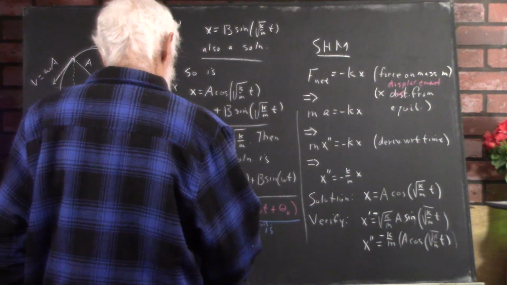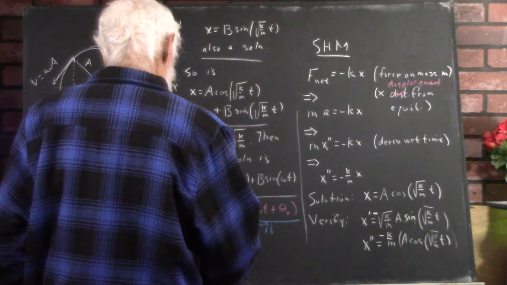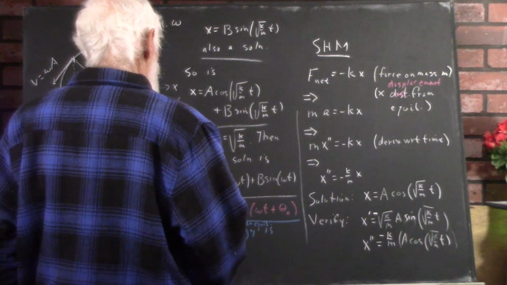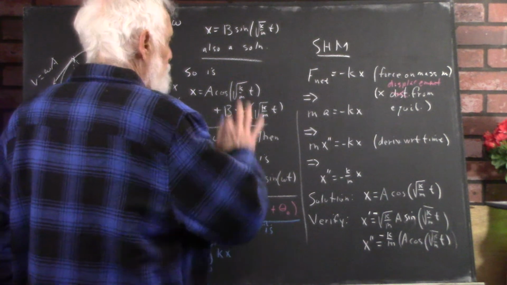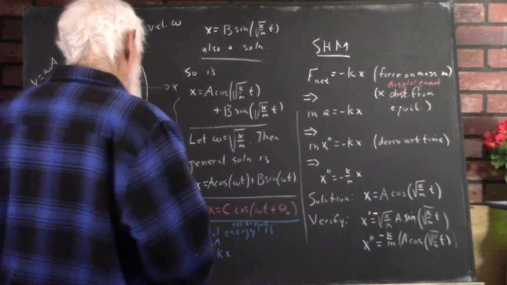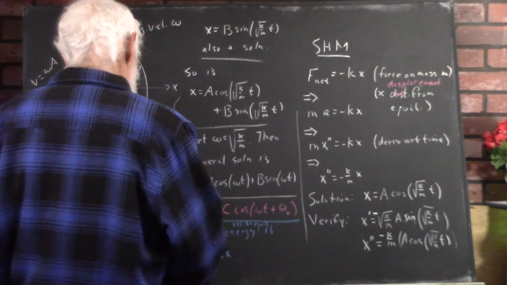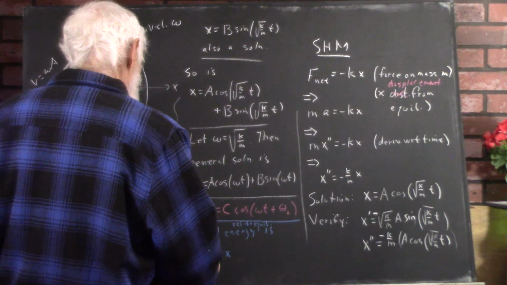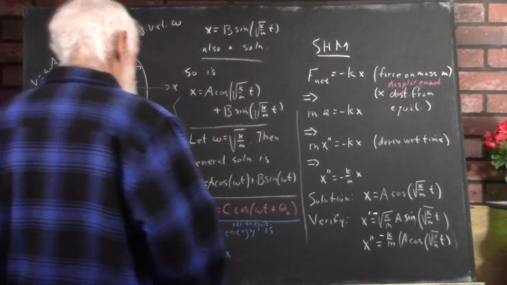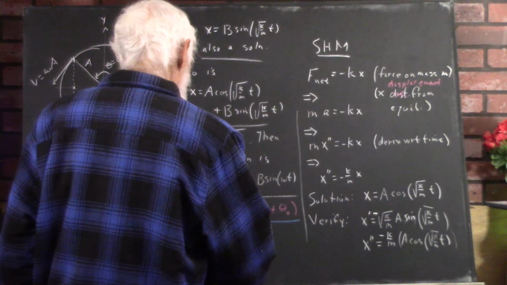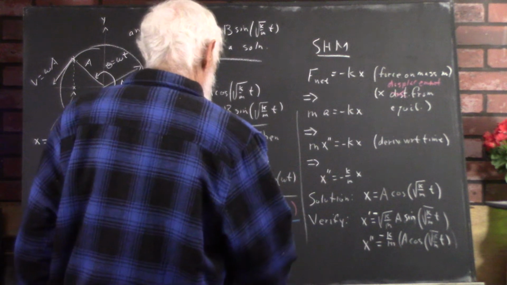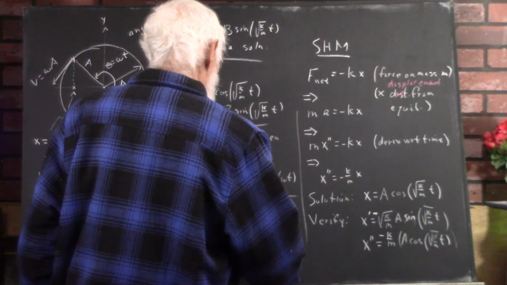And that's actually equal and opposite to the force. So I'll say this. Your maximum potential energy is the integral of kx dx from 0 to A, which is 1/2 kA squared.